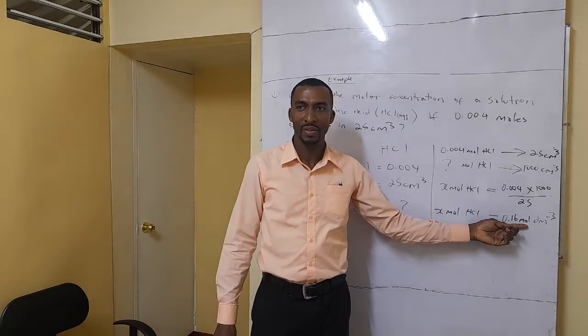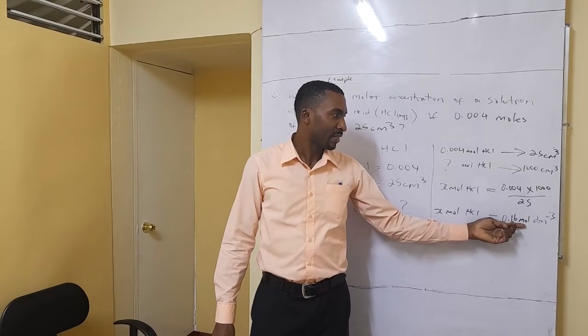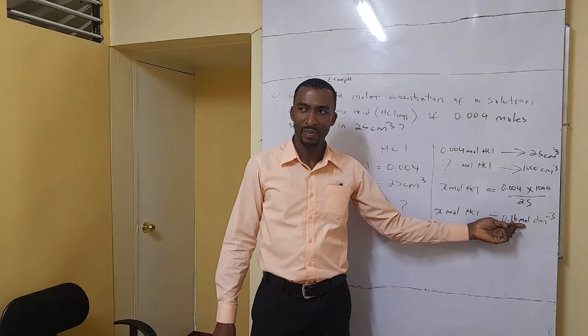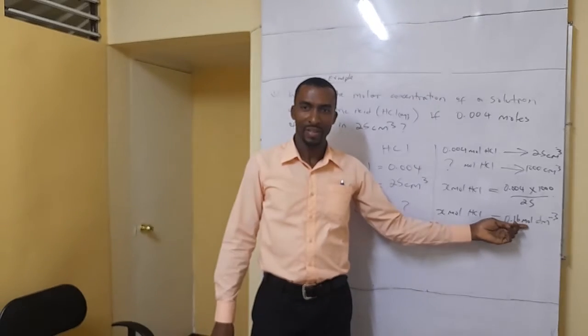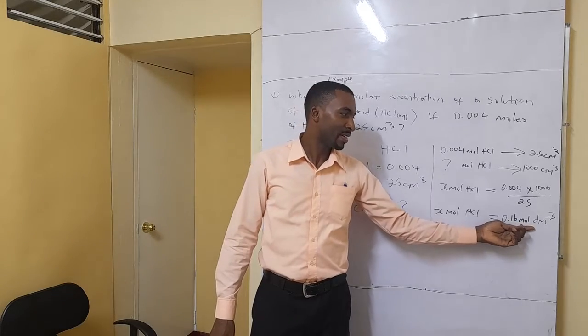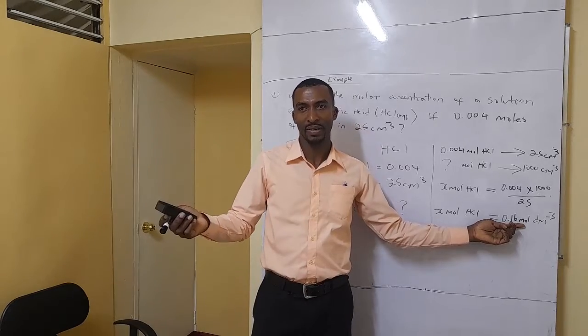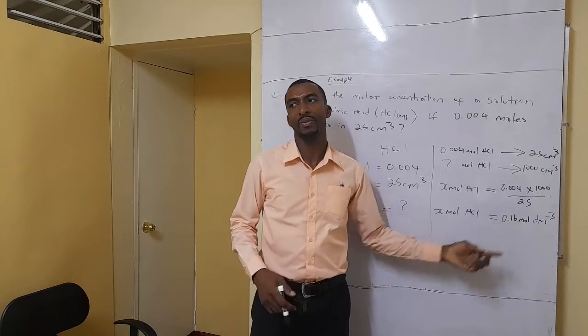So if we want to know the number of hydrochloric acid particles that we have in this concentration, it would be this moles times that number of particles, which would give us the amount that we want.